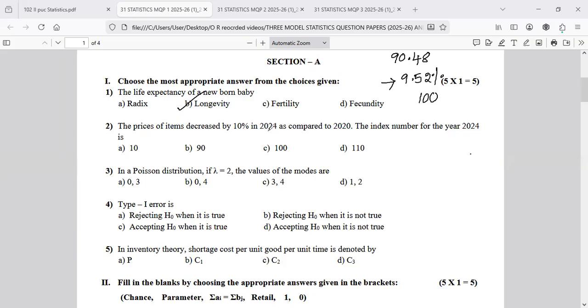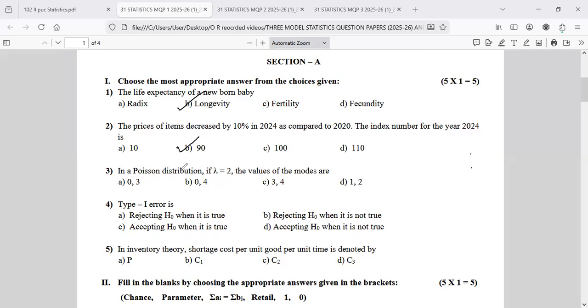So a 10% decrease in 2024 as compared to 2020 means the answer is 90. Look at 90.48 minus 100, which gives 9.52 percent, a negative number, so decrease. When we get 90, the answer is a 10% decrease. So the answer is 90.